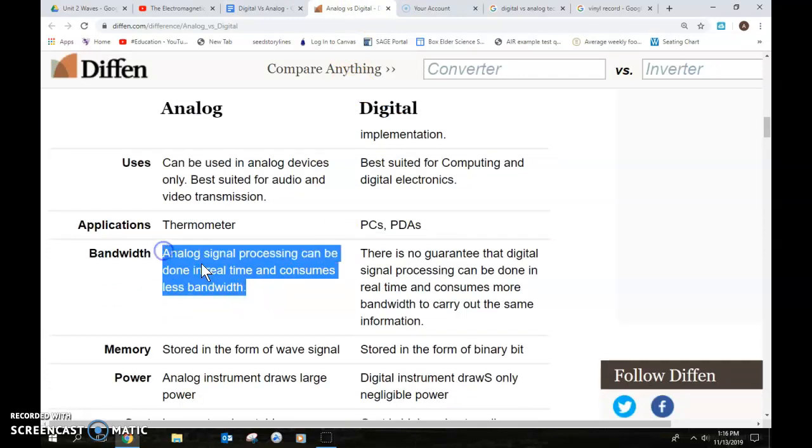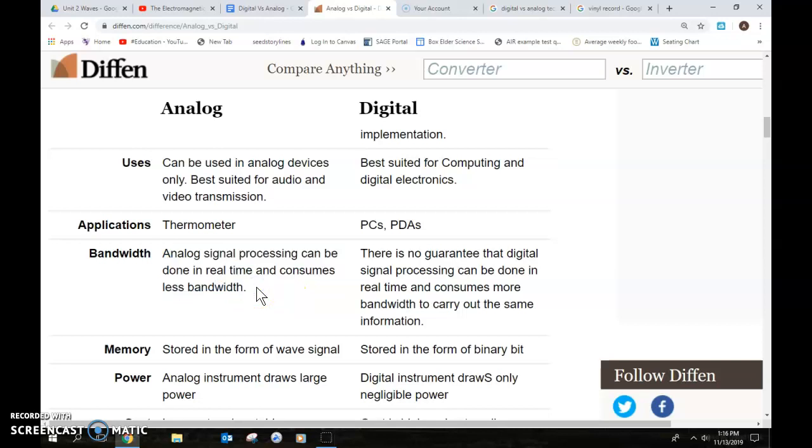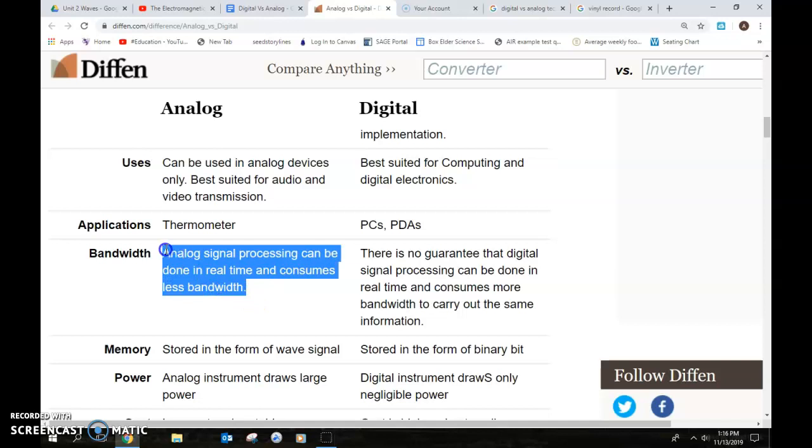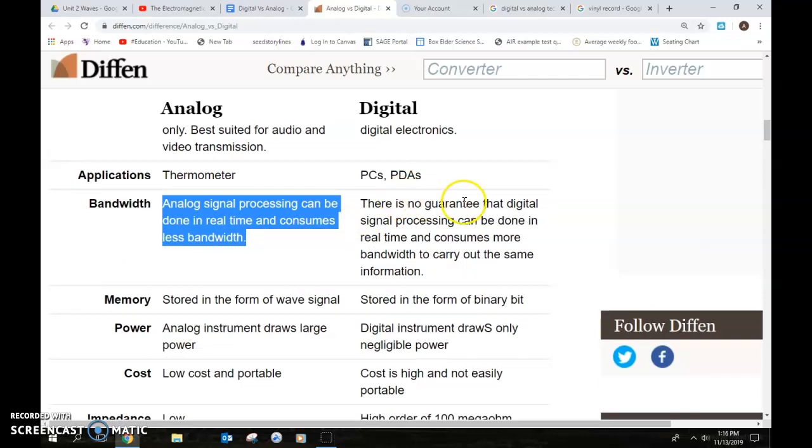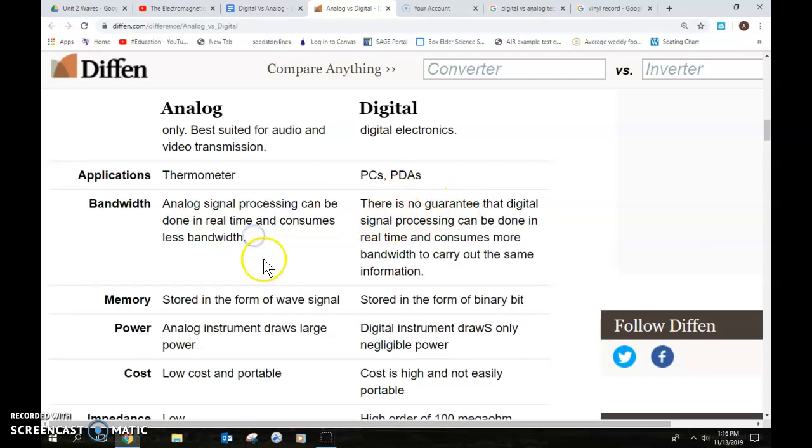Analog is really nice because there's no bandwidth that it requires. Like you can just send out a radio wave and that bandwidth doesn't take up a lot. However, the problem is that the signal might be distorted coming in, right?